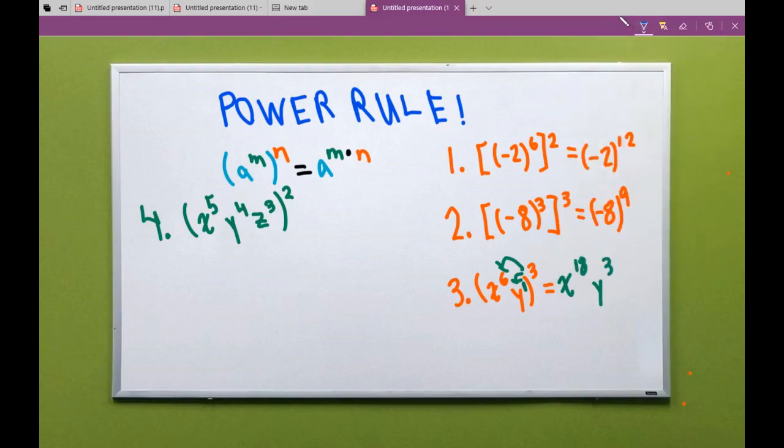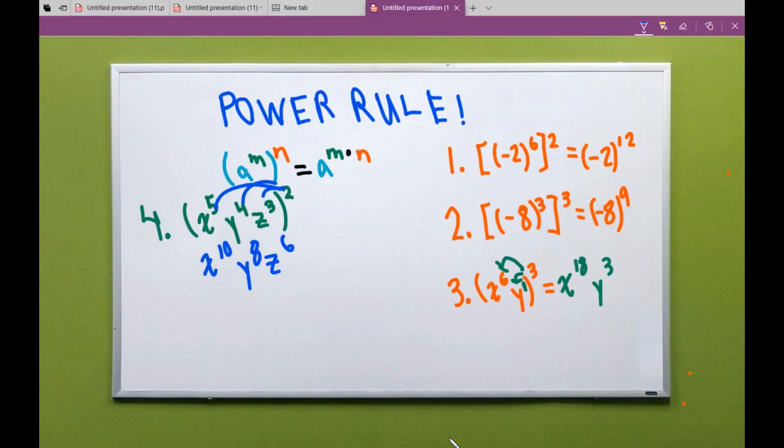Okay, so like before, we have to make sure that every term is raised to the second power. So that means our x to the fifth, our y to the fourth, and our z to the third each get squared. And if we do that, we get that our answer is x to the 10th power times y to the 8th power times z to the 6th power.